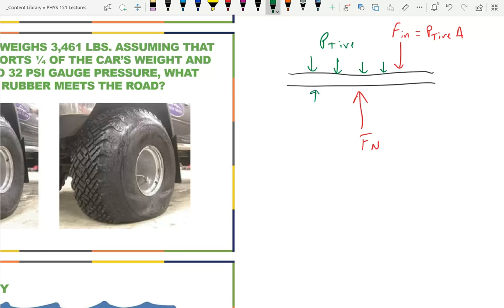So you would have that for air pressure, and that's pressure atmosphere. And so going to my forces, I'm also going to have an upward force of force out equals pressure atmosphere times area.